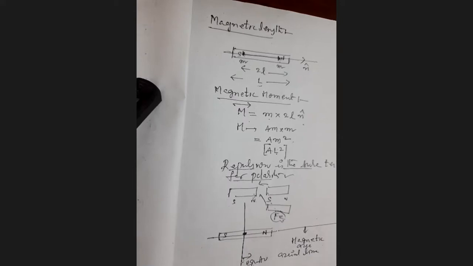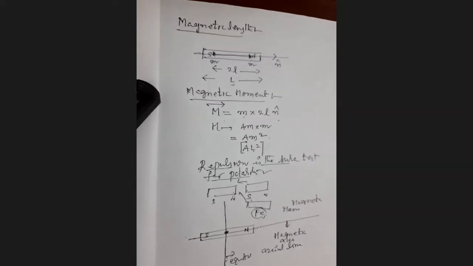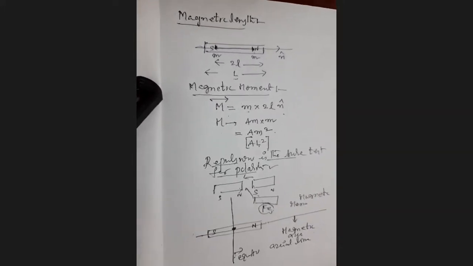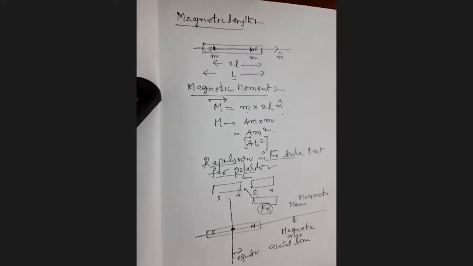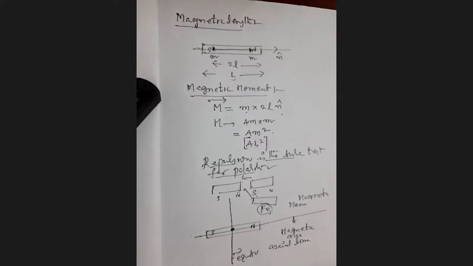The vertical plane passing through this magnetic axis, when the magnet is suspended freely, is called the magnetic meridian.